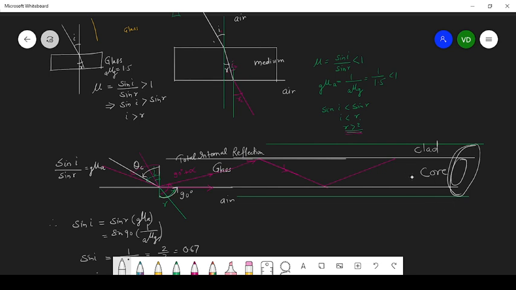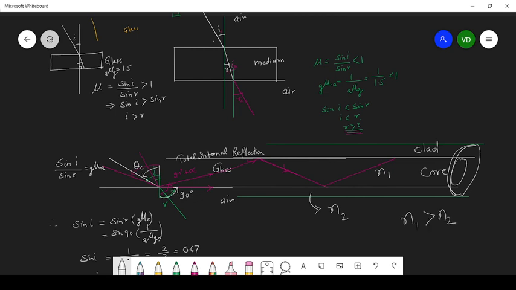So the inner cylinder will be core, the outer cylinder will be clad instead of air, and the refractive index of this clad is denoted by N2, and the refractive index of core is denoted by N1. As we know that the refractive index of glass was more than air, similarly the refractive index of core is always more than the clad. Okay.